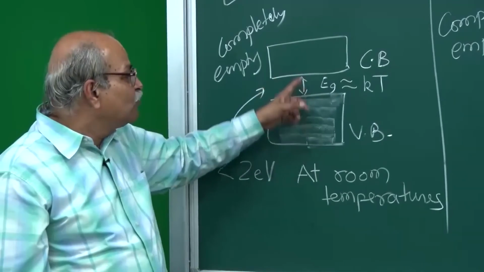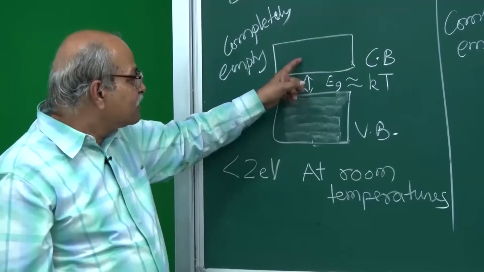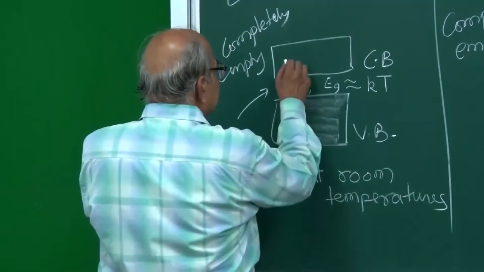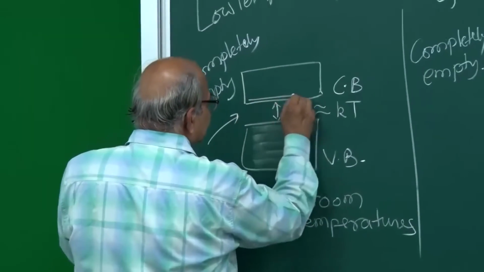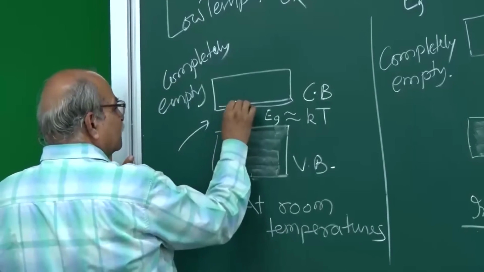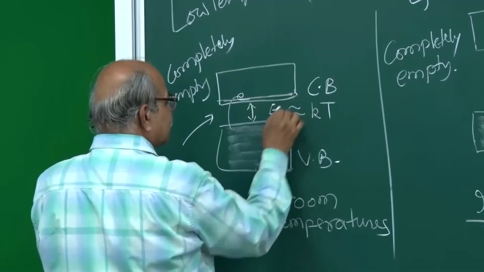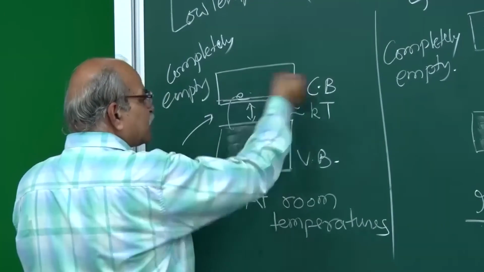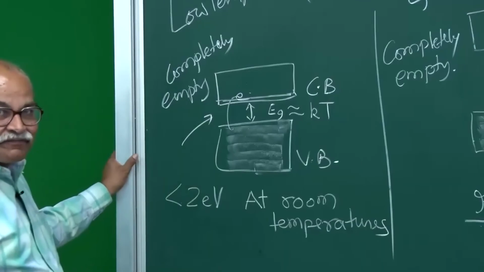All right, and if they move here, then you have all these empty states, but one electron going from here will populate this quantum state, another electron going here will populate another quantum state.